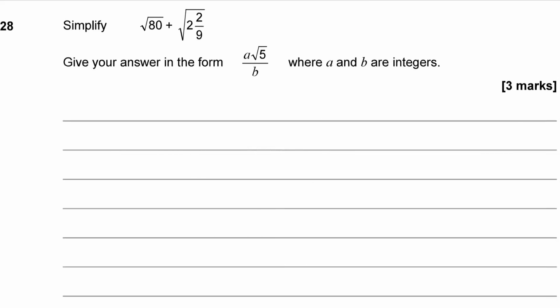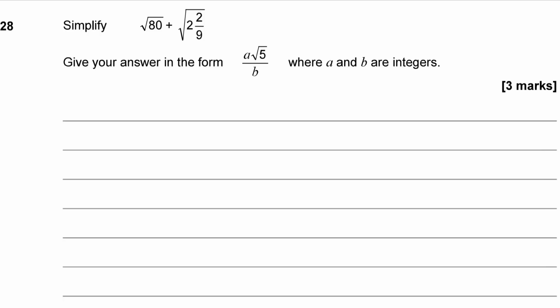Question 28. Simplify the square root of 80 plus the square root of 2 2/9. Give your answer in the form of a root 5 over b, where a and b are integers. Fun. Okay, so root 80. Now, if I take 5 out of 80, 80 is 5 times 16, isn't it?